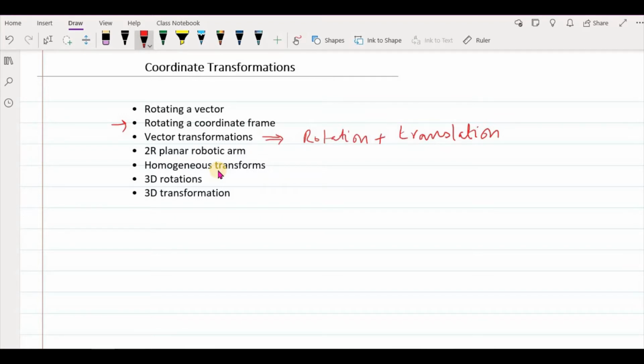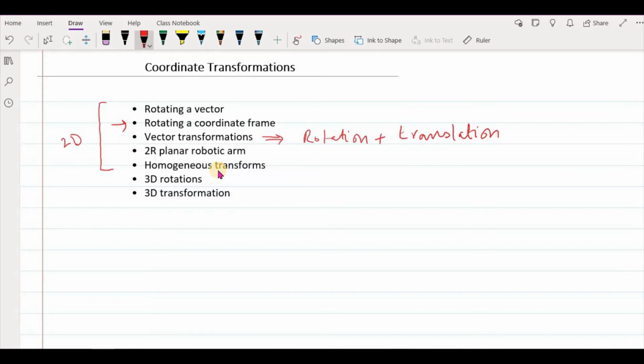After that we shall talk about homogeneous transforms, which is again a transformation matrix with some additional rows and columns. So this area till here we shall cover 2D rotations and transformations. After that we shall also study about 3D rotations and 3D transformations.